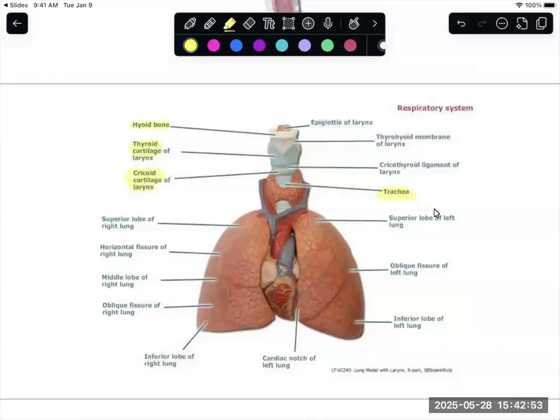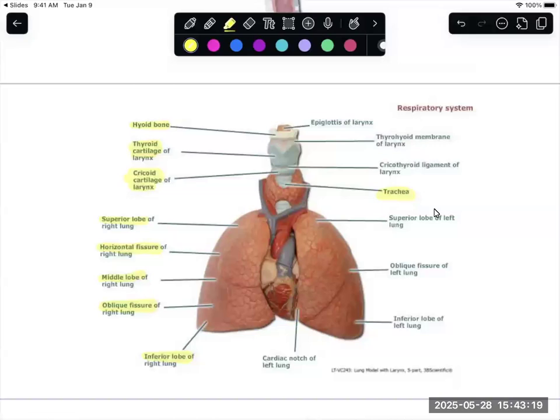Our right lung is separated into three lobes: the superior lobe, middle lobe, and inferior lobe. Each of these lobes are separated by different fissures. The superior and the middle lobe are separated by a horizontal fissure, while the middle and the inferior lobe are separated by an oblique fissure.